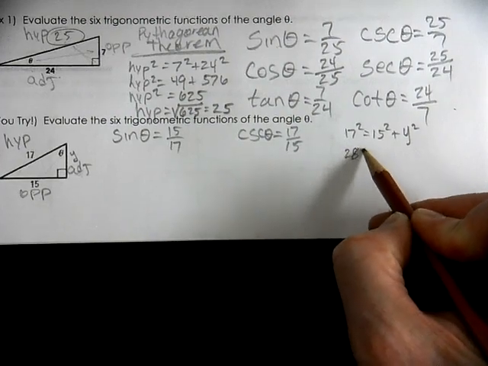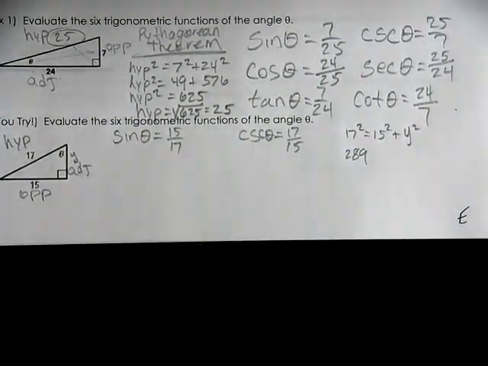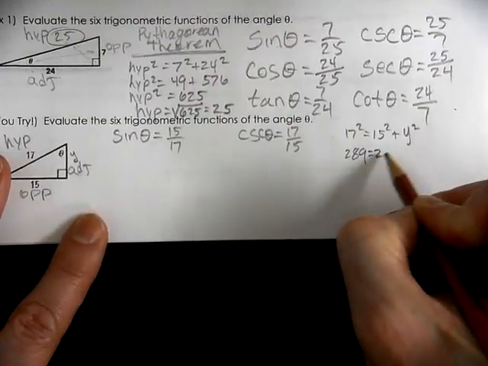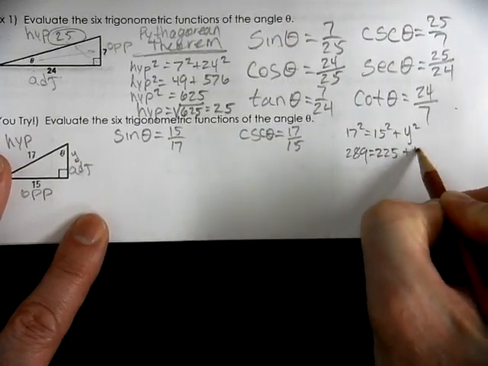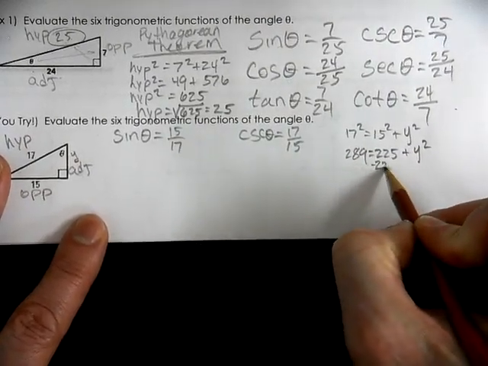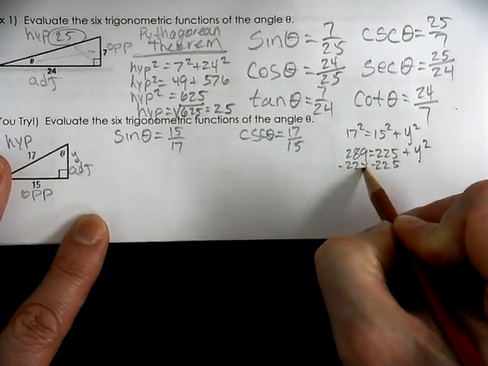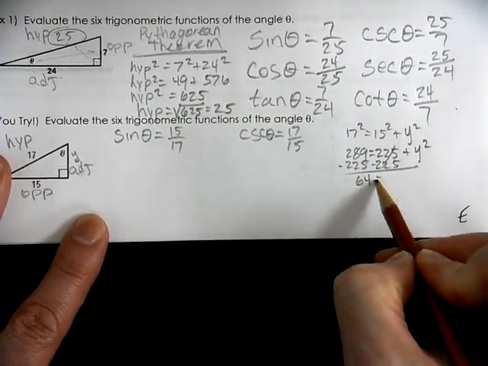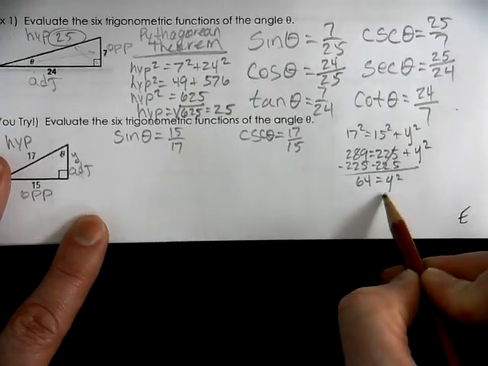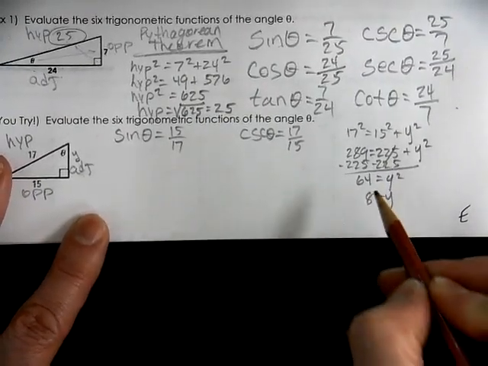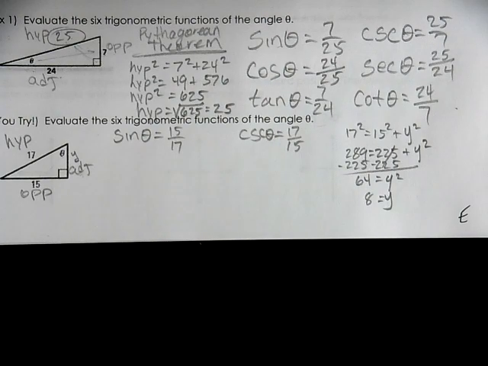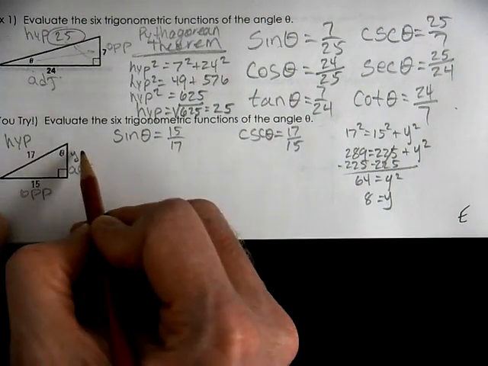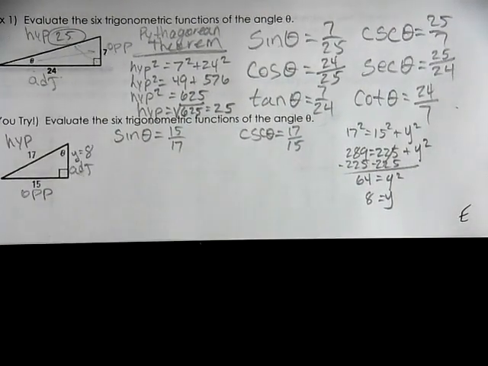I believe this is 289, 225, and y squared. When we subtract the 225, we get 64, and we take the square root, and this is also a Pythagorean triple. It doesn't have to be a Pythagorean triple.